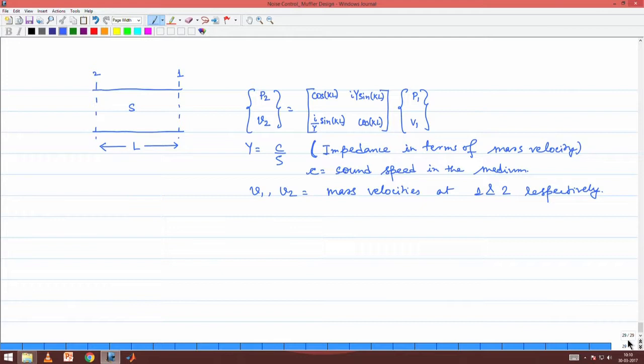Now, the point is, this transfer matrix definitely is not of the form wherein you can present it as an equivalent electrical circuit in a lumped form, because as I said in the last lecture, if you have an electrical circuit in a lumped form, either in the inline position or in the shunt position, then you must have a very specific structure of the transfer matrix, that being that one of the off diagonal terms should be 0, but this structure does not conform to a lumped electrical analogy.